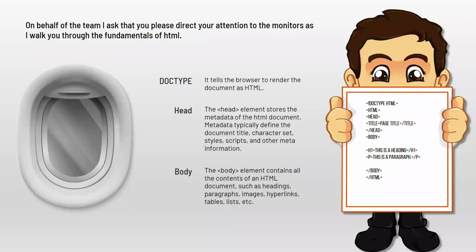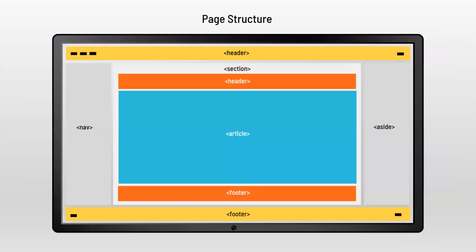Metadata is the supporting information that you provide for the document, which users don't see, but that helps the browser understand certain things, and also helps other scripts or programs understand certain things. So you store that information in your head, and whatever you write within the body is what the user looks at. Okay, let's look at the basic structure of the HTML document.